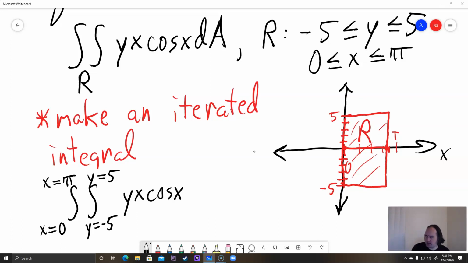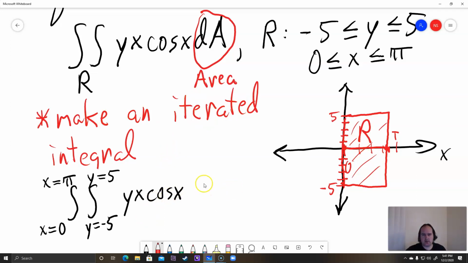But instead of writing dA, dA actually means the differential with respect to area. That just means area. And since we're finding the area of a rectangle here, that's why we're able to make an iterated integral.